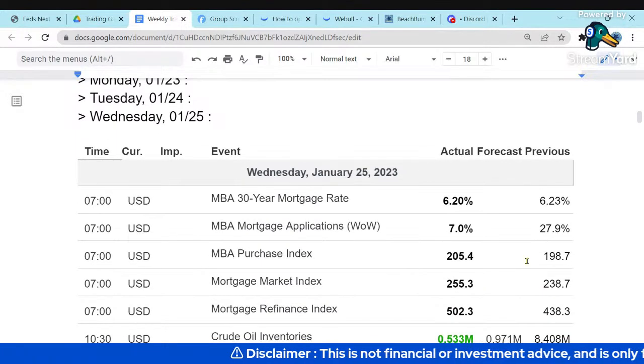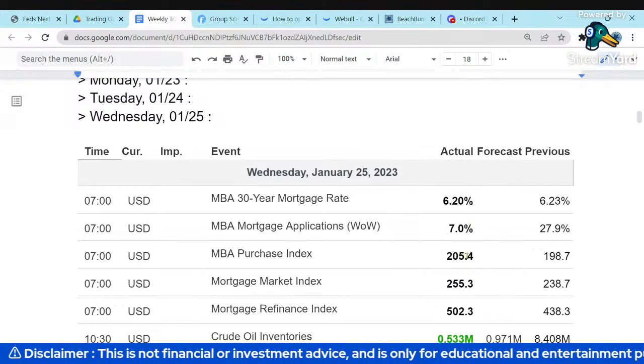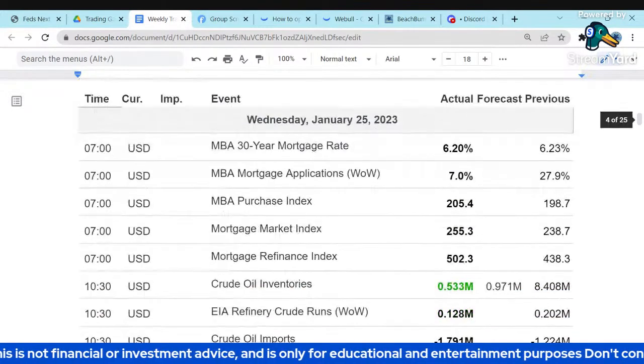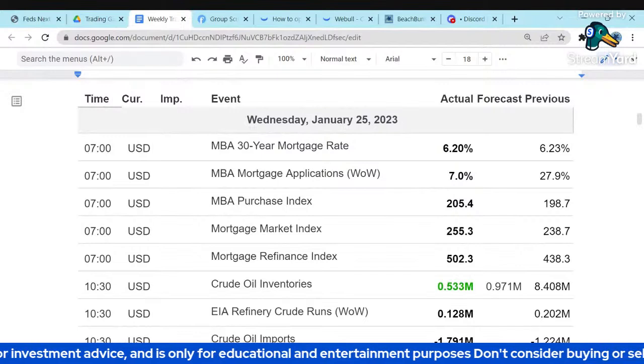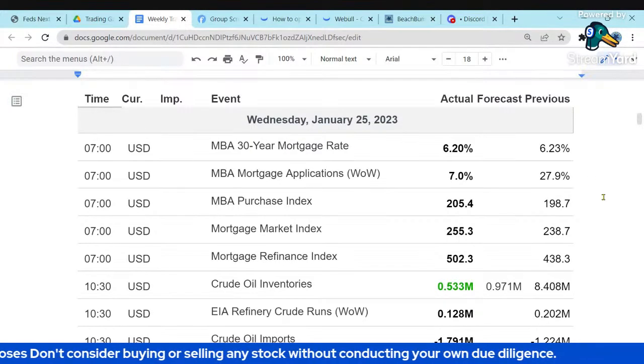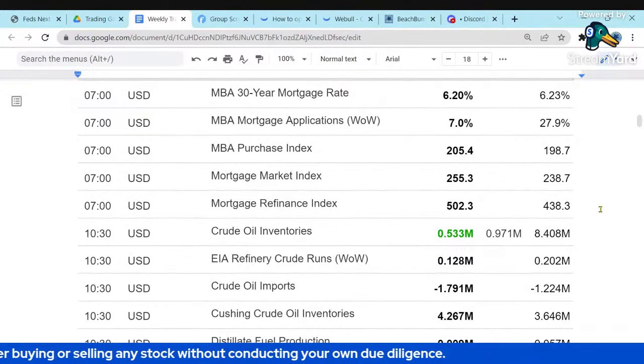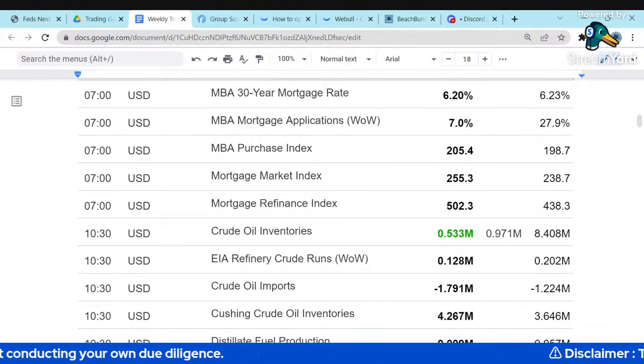Okay, so let's talk about some of the economic data we got this week, and we already kind of saw some of the reactions to it. Not a whole lot Monday, Tuesday. Wednesday, we got mortgages. You can see the rate is declining slightly, although the housing market's still pretty much in a recession. And again, stick around to the end of the video. I don't know if I put this in the notes yet, but I've got some ideas relative to this housing recession and some particular segments of the industry we might want to stay away from because of this.